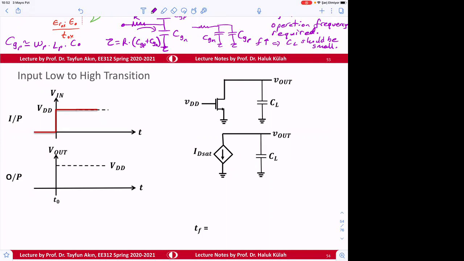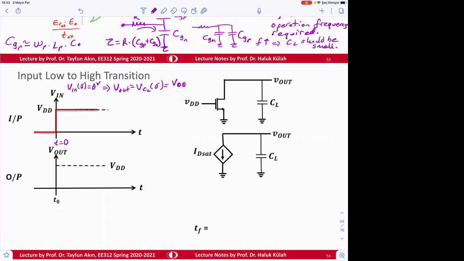So when we look at the switching for this device, when this is, let's say, t is equal to 0, at t equals 0 minus, V out, which is equal to VCL at 0 minus, is going to be equal to, at steady state, VDD, because V in at 0 minus is equal to 0 volt.